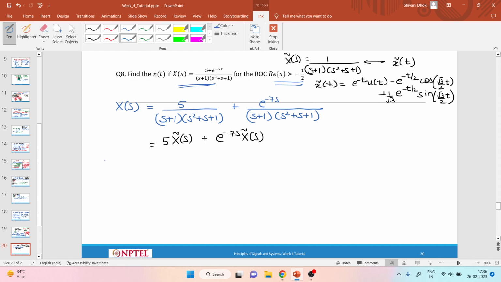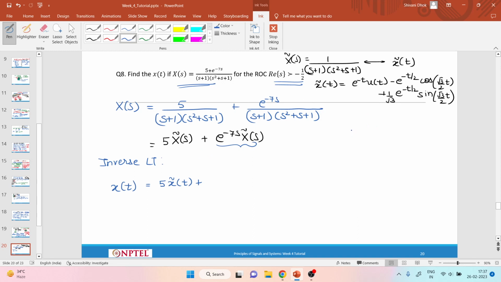Now if I take the inverse Laplace transform to find x of t, then using the linearity property, this will be 5 times x tilde of t plus the inverse Laplace transform of this factor here.